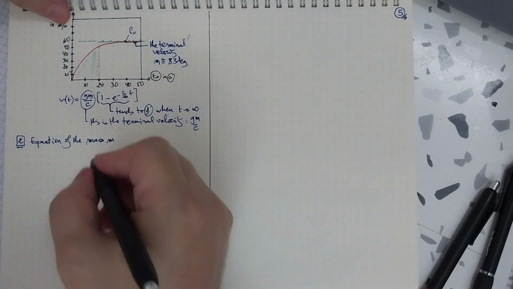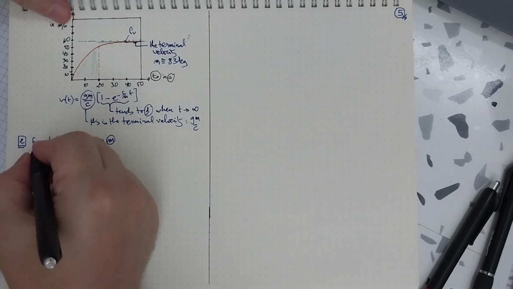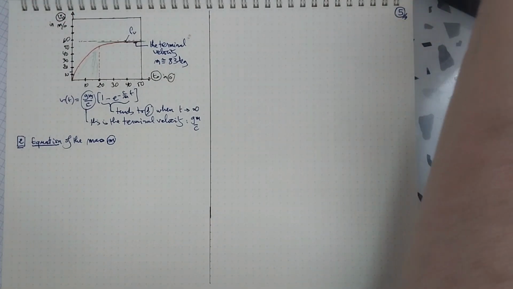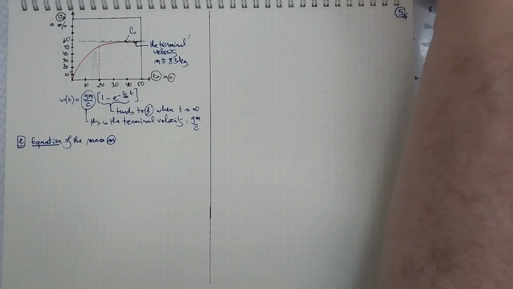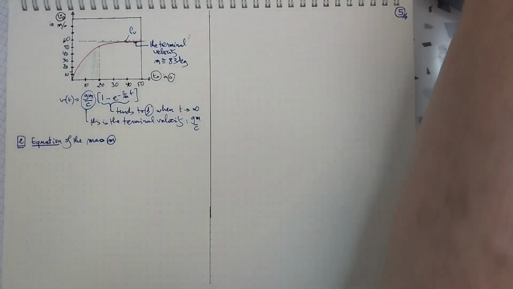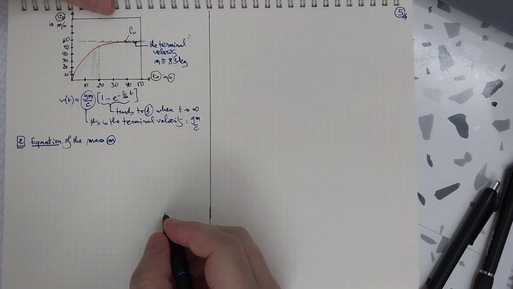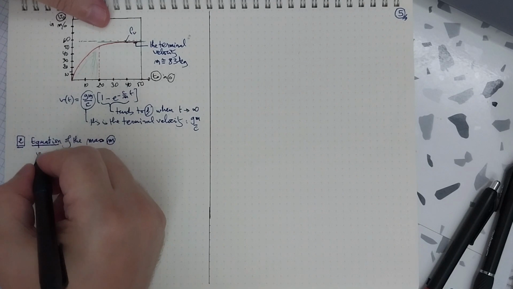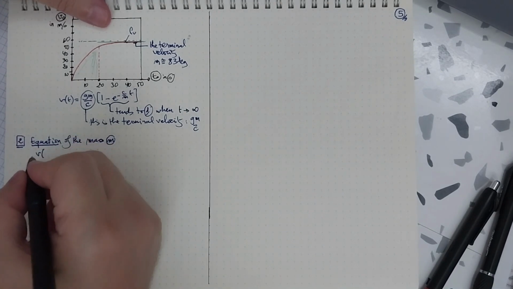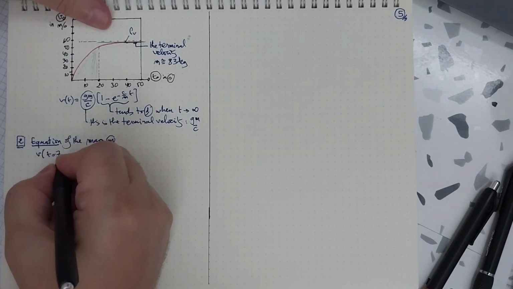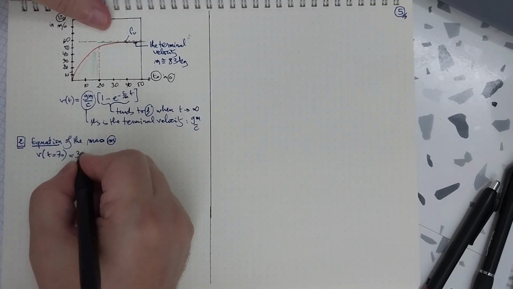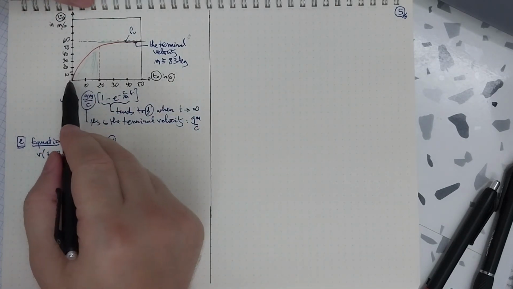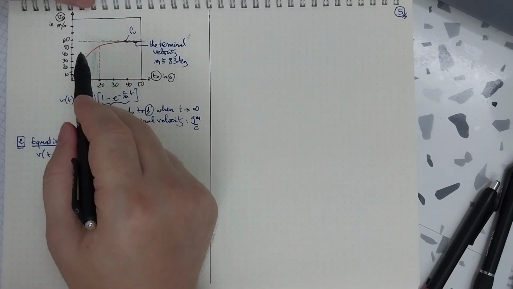To find the mass, we need first to find its equation. Okay, let's see my notes. How do we find the equation of the mass? We have observed that the exercise tells us that the velocity at t equals 7 seconds becomes 39 meters per second. That is somewhere here. And the velocity is increasing.